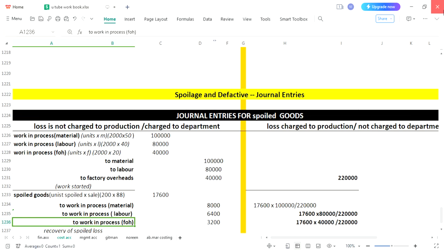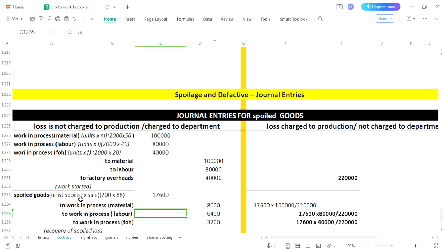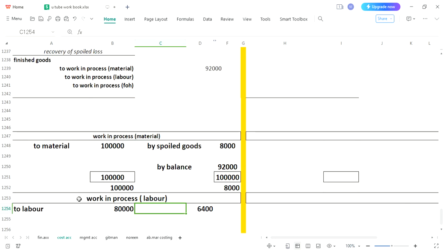Go back to the question. This 80,000 was debited, reference was labor. And in the second entry, labor is credited by 6,400. So you will write 6,400 over here. And what is the reference of 6,400? Whatever is written on the opposite side, spoiled goods. So you will write by spoiled goods over here.